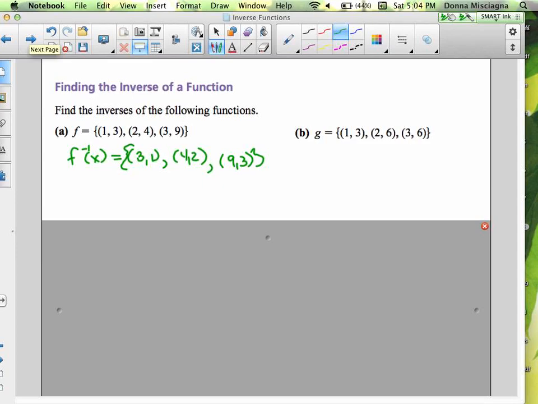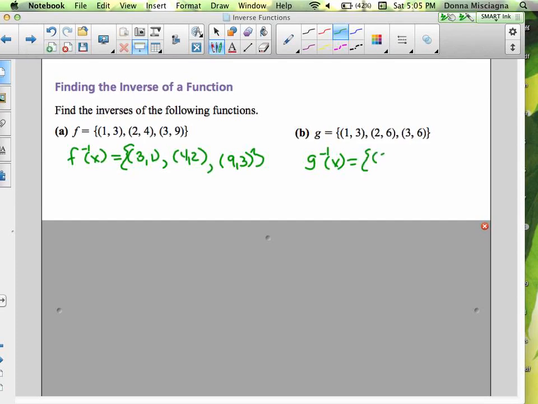Let's do the same thing here. All right, so our G has (1, 3), (2, 6), and (3, 6). F and G are just another way to label the function, so I can also just put the G with the negative there. And so to get the inverse, all you've got to do is switch.